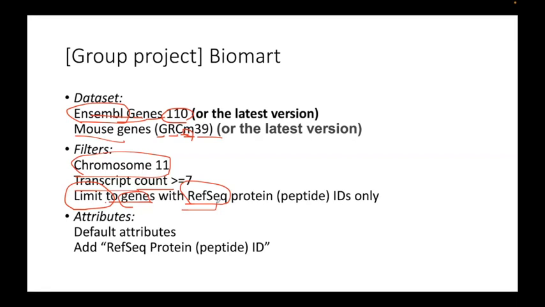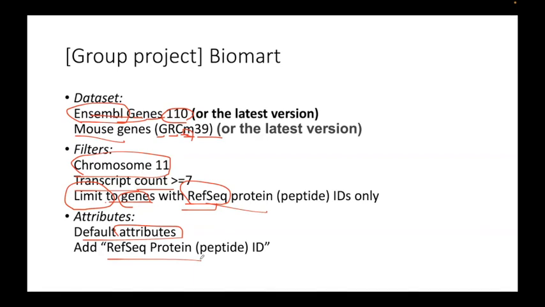So I want to make sure that this gene is not just in Ensembl, but also in the NCBI protein database. And I want to see all the basic features, attributes. Since I checked this RefSeq protein sequence, I also want to get the output of the RefSeq protein ID.